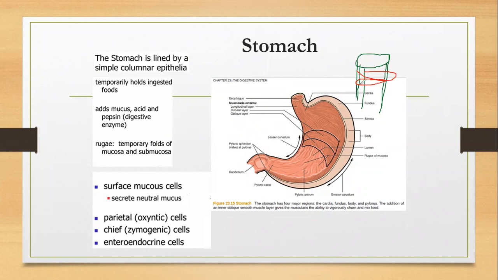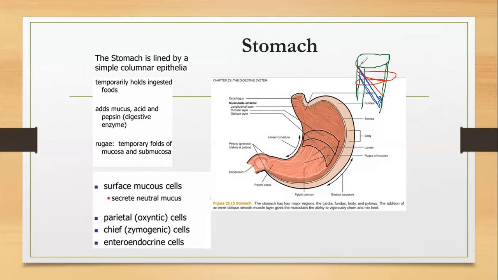So using the longitudinal and the circular, you can enable the food to move in the longitudinal direction by peristaltic movements. However, in the stomach, we have these oblique muscles so that they cut diagonally. So let me use a different color, blue. So these ones will cut diagonally.